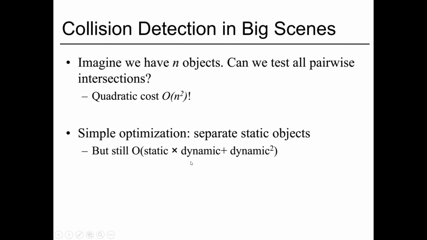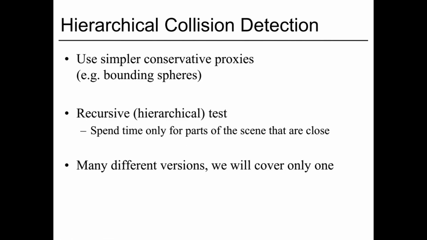So we move on to a more optimized way to detect collisions, which is known as hierarchical collision detection. Trying to detect collision, considering the actual complex mesh of each object, is difficult. As we have mentioned before, recall that detecting collisions from implicit equations is easy, but for meshes it is going to be complex.